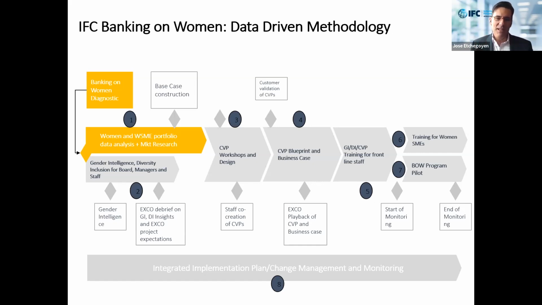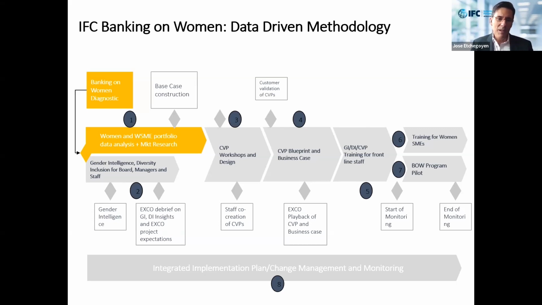I mean, they may have an idea, but when we finish the diagnostic and present it in what you see as stage 2, the EXCO debrief, that's where banks really realize how big and how profitable a portfolio they have.